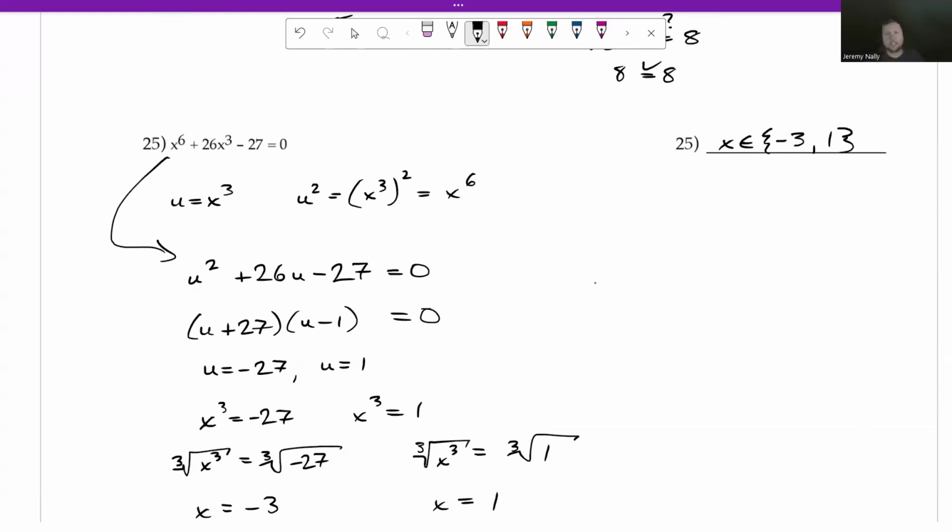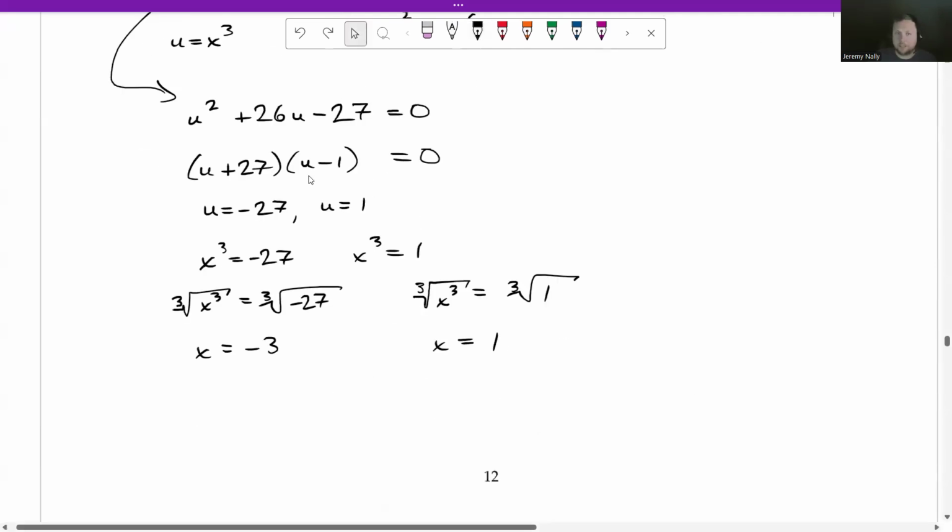And notice that if we had done the rational zeros theorem, it'd be 27 over 1, and we'd have 1, 3, 9, and 27 to check, and positives and negatives, and it just so happens that those are both in that list if we had done it that way. But this way is faster.